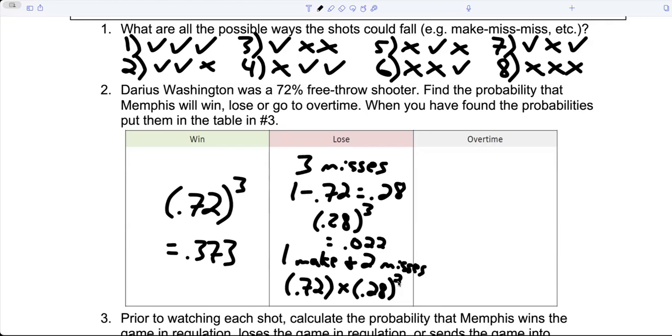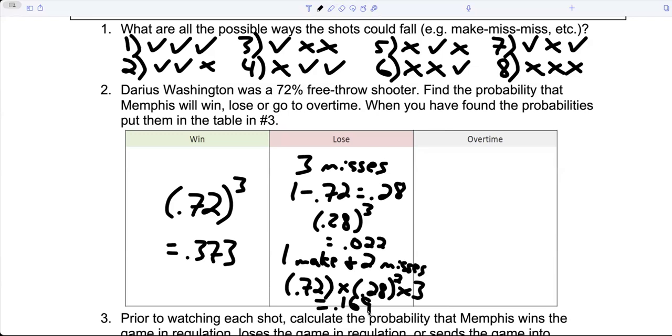And how many different ways are there where he makes 1 and misses 2? Let's see, there's 1, 2, and 3. 3 different ways. So I'm going to do 0.72 times 0.28 raised to the 2nd power, and then multiply that times 3. Okay, so put that into your calculator. And we get 0.169. Okay. That's what I got.